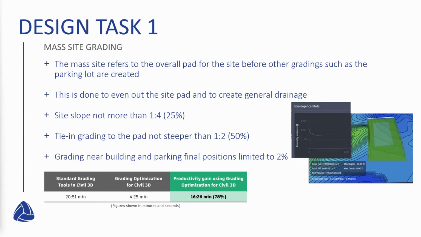So the total productivity gain that we're looking at for this process is 16 minutes and 21 seconds. That is just to give you a rough idea of how much time this process can save. That is a productivity gain of approximately 78% when simply looking at this one aspect.